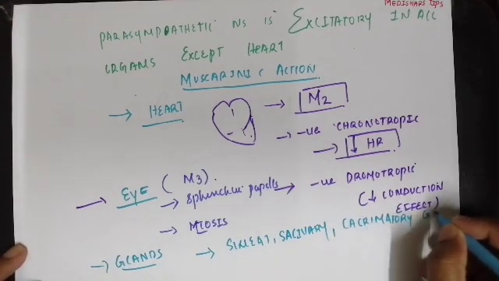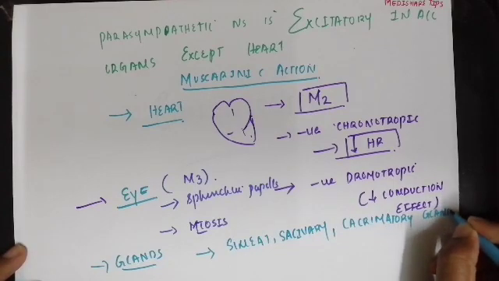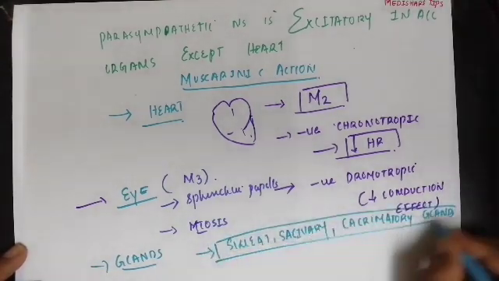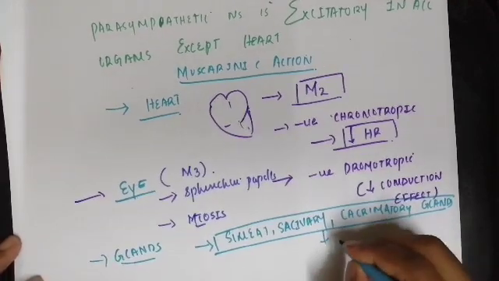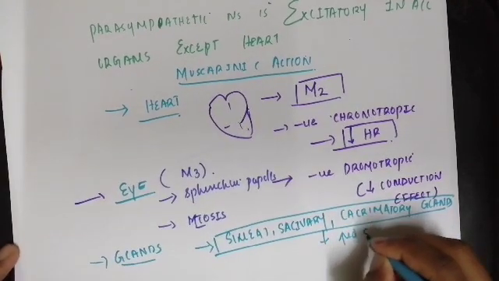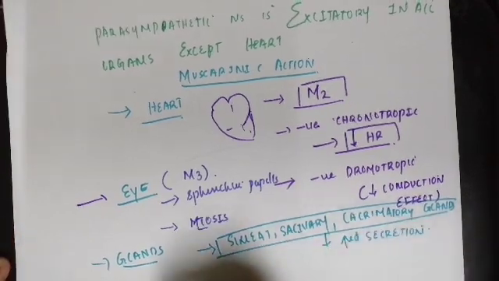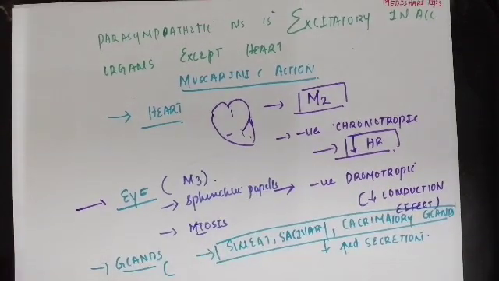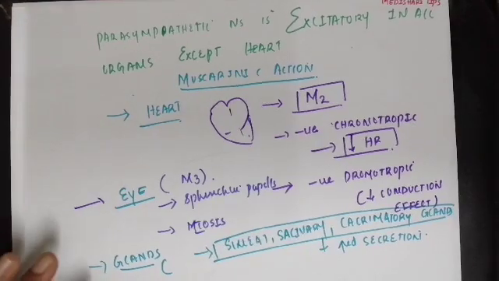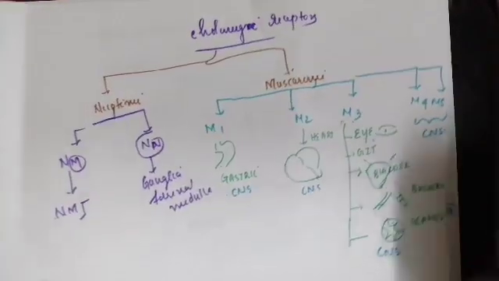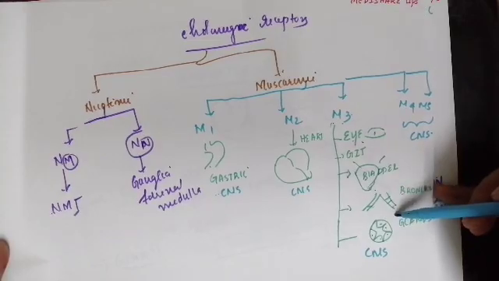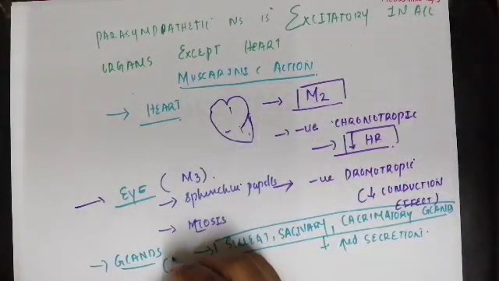It increases glandular secretions. Which receptor is present in the glands? We have discussed that the M3 receptor is present in the glands also.